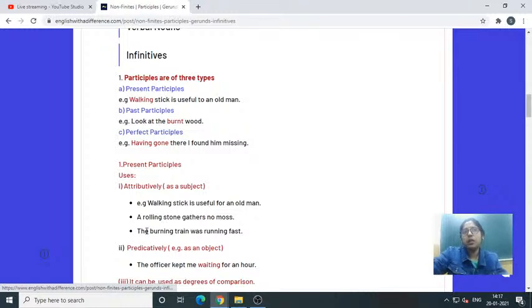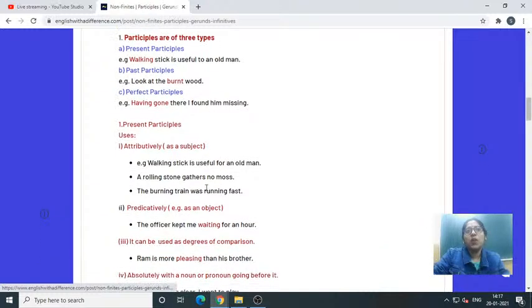Now the third one is the burning train was running fast. The burning train, when burn is a verb and I have added ing, it becomes a subject or noun we can say. The burning train was running fast. Got it? So this present participle is used as a subject.